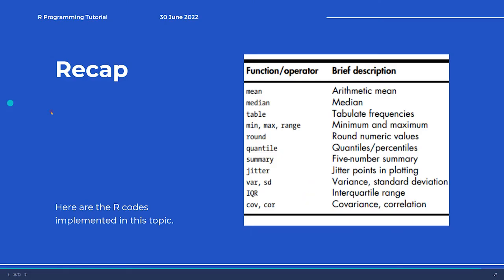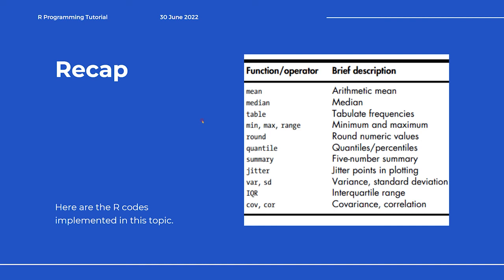And yeah, those are the concepts that we encountered in our lesson on our topic today. So just to recap, we have mean, median, we use tables, and mean, max, range. We can get the minimum, maximum, round, quantile, summary, jitter, var and SD, IQR, cov, and cor for covariance and correlation.